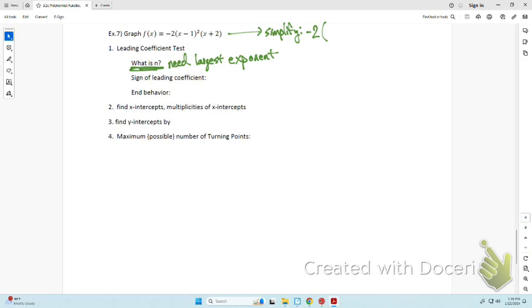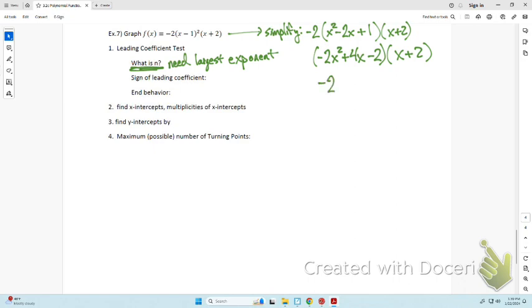So x minus 1 squared is x squared minus 2x plus 1. And then x plus 2. I need to distribute the -2. Now I need to distribute to each of the 3 terms to the 2 terms on the right.